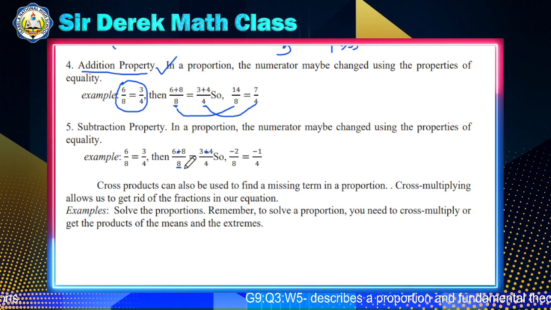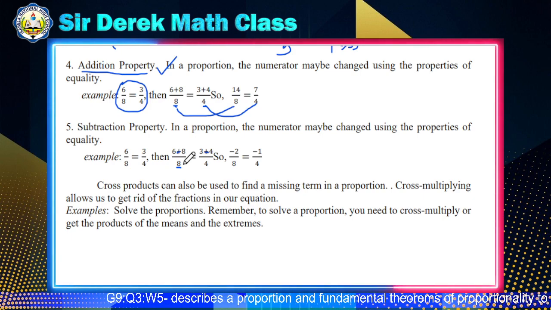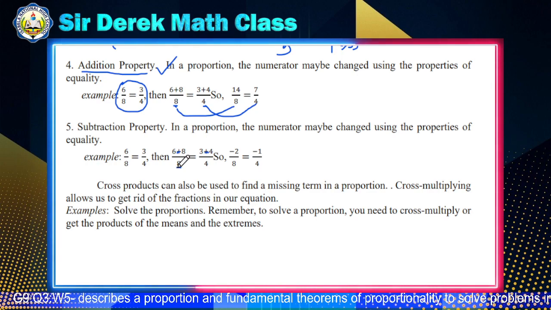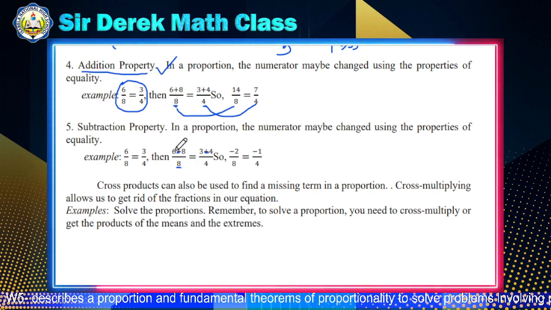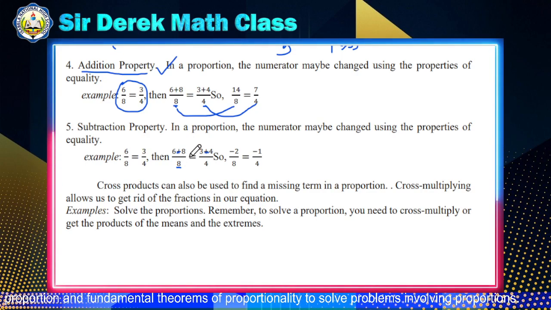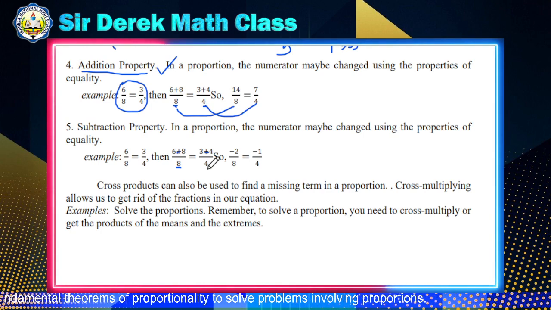Pattern ang sinusundan natin dito kasi sabi ko nga kanina, consistency. Okay, so itong inuna mo, yun din ang unahin mo sa kabila. So, meaning, we will form a pattern. Here, 6 minus 8. Saan galing yung 8? It is the denominator. Equals 3 minus 4. Saan galing yung 4? The denominator of the second ratio.